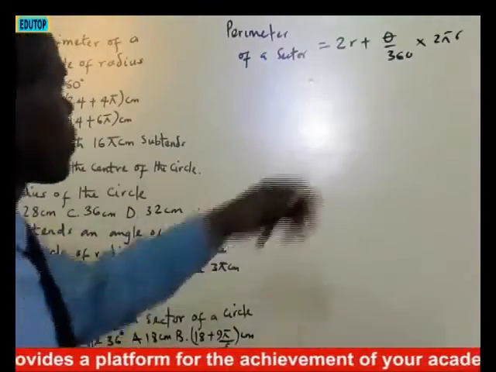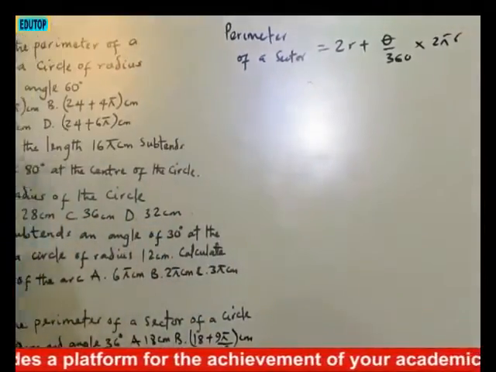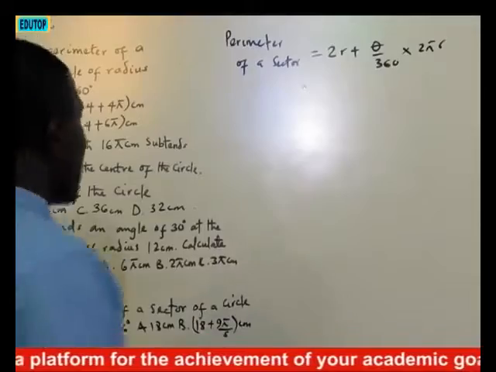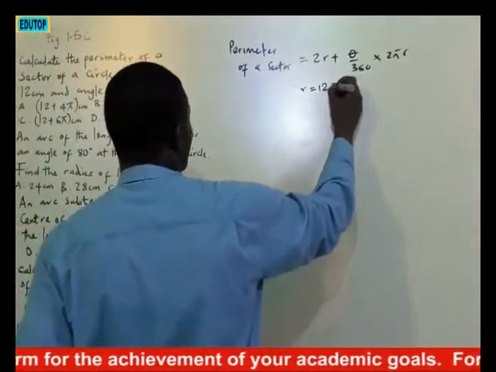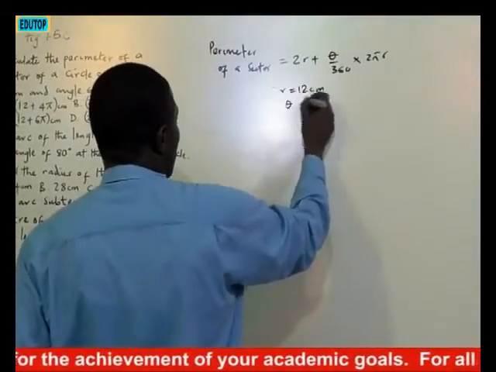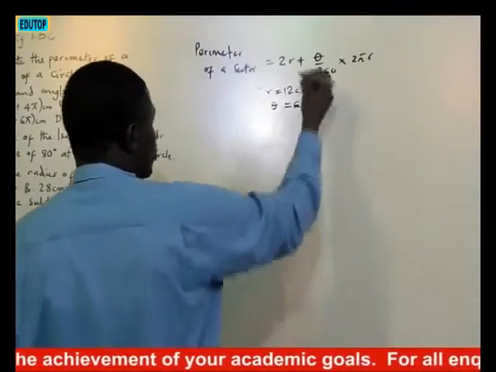Once you are able to recall this formula, you can be rest assured that you will get the answer. If you look at the parameters given, you are given the radius, which is 12 centimeters. You are also given theta, which is 60 degrees. So let's substitute.